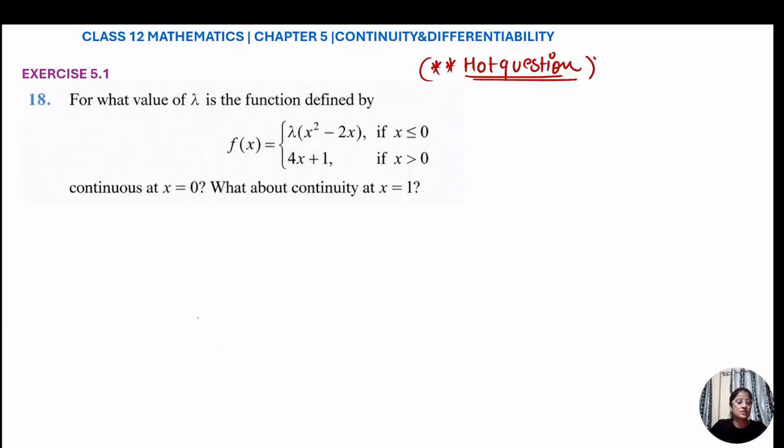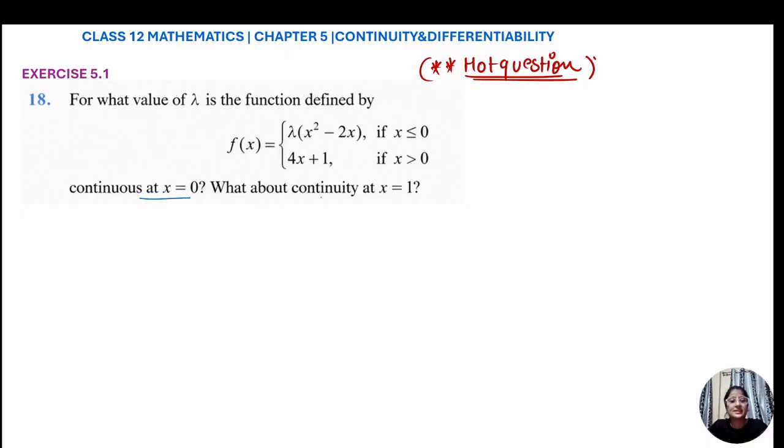This question is the same as our question number 17, but the conditions are different. So what is the question saying? For what values of lambda is the function defined by this continuous at x equals 0? And what about the continuity at x equals 1? It will be very easy to check the continuity at x equals 1, because you just have to find the function value and equate it with its limiting value.